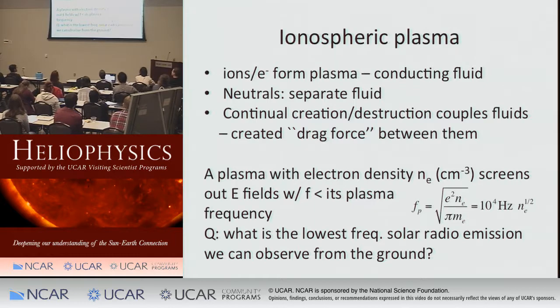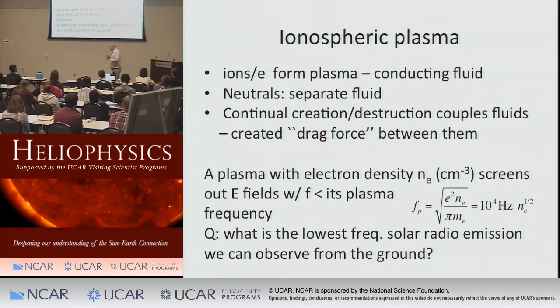But these things are constantly trading places, right? We have this ionization going on. We have this recombination going on. So this couples the two fluids. In a sense, they kind of know about each other, because if you're an electron, you came from a neutral atom and you had some memory.